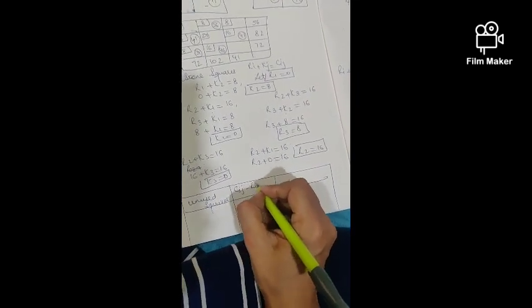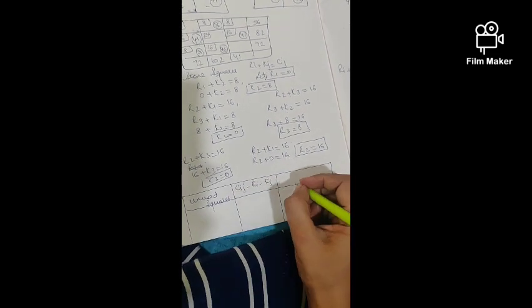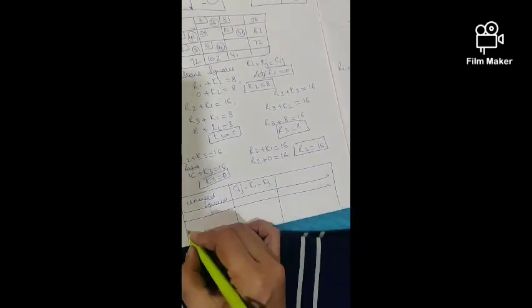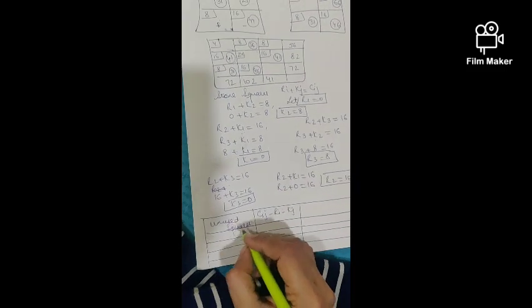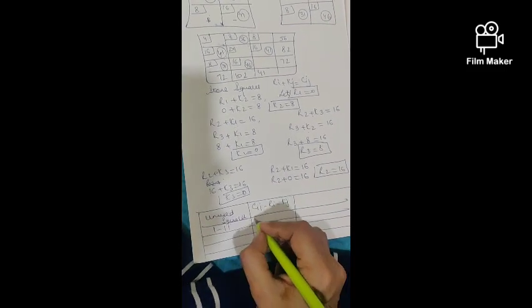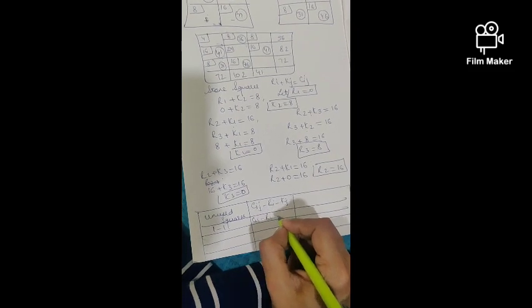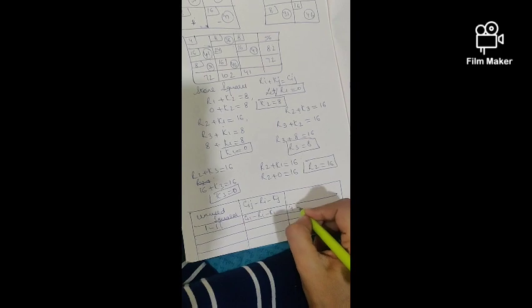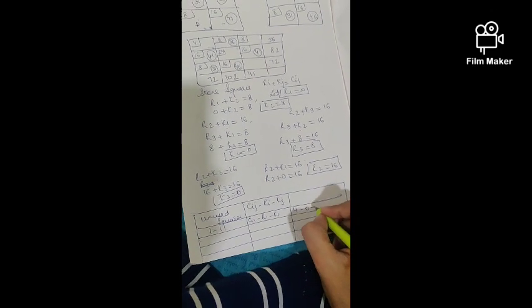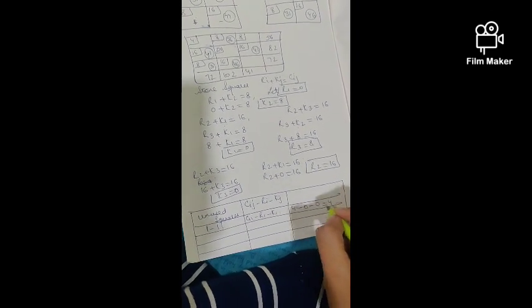Cij minus Ri minus Kj, so here you will get the unused squares. First of all, C11 minus R1 minus K1. C11 is 4 minus R1 0 minus K1 0 is equals to 4.